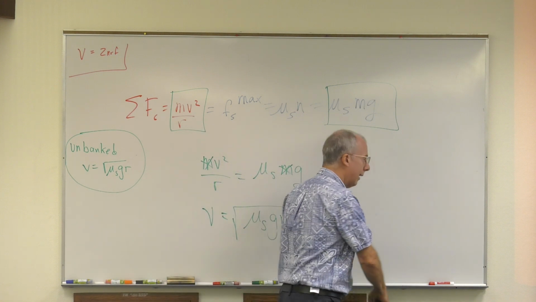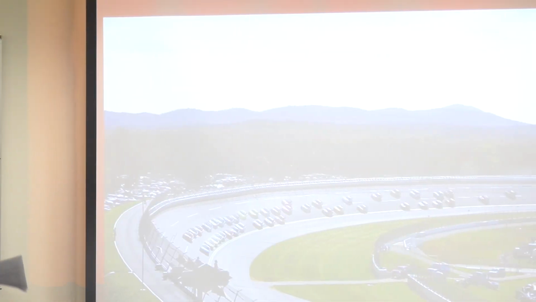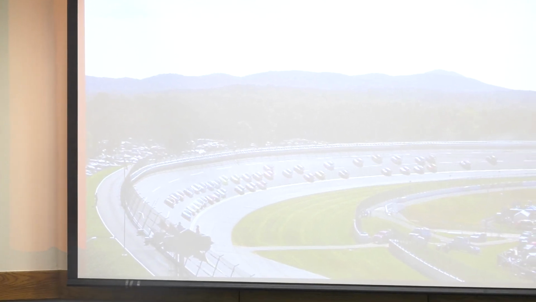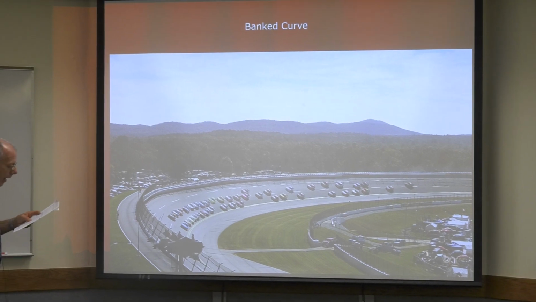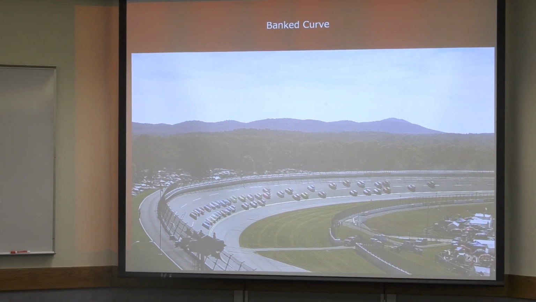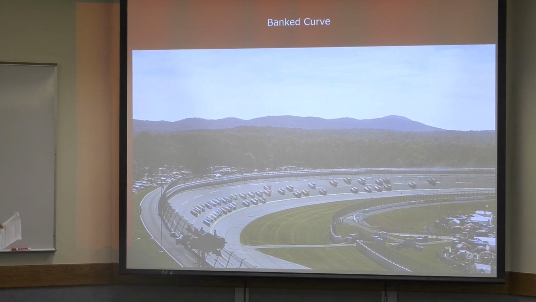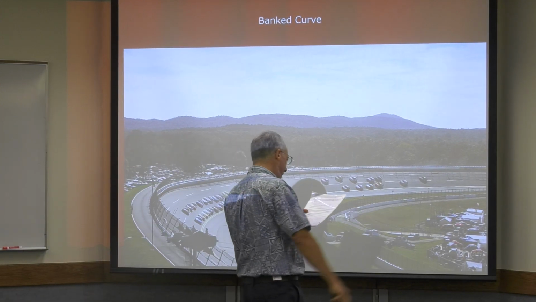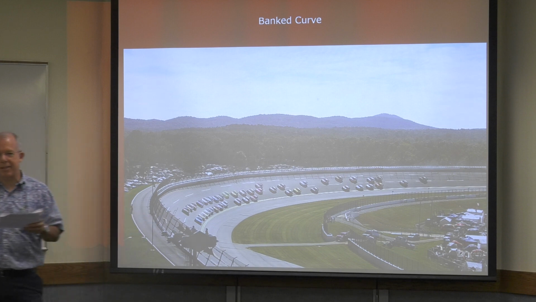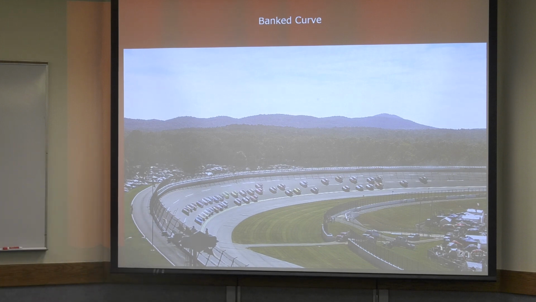All right. This is what we mean by a banked curve. So it's not level. So let's say we're driving a car at a constant velocity, and we're approaching a banked curve. Now, to make it exciting, we can't turn the steering wheel.